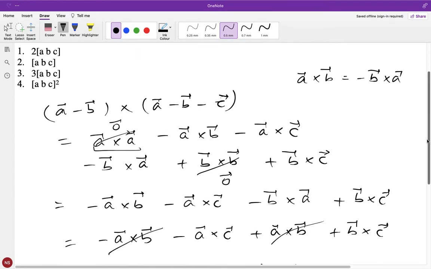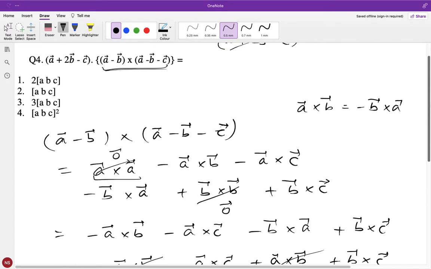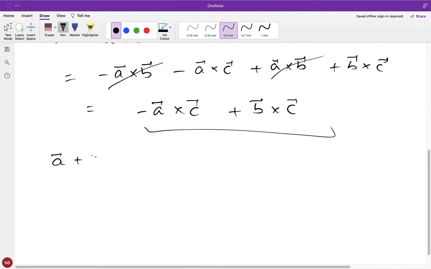So let us now put in the dot product first. A plus 2B minus C. Now the dot product is with this thing, minus A cross C plus B cross C. Let us open the brackets.